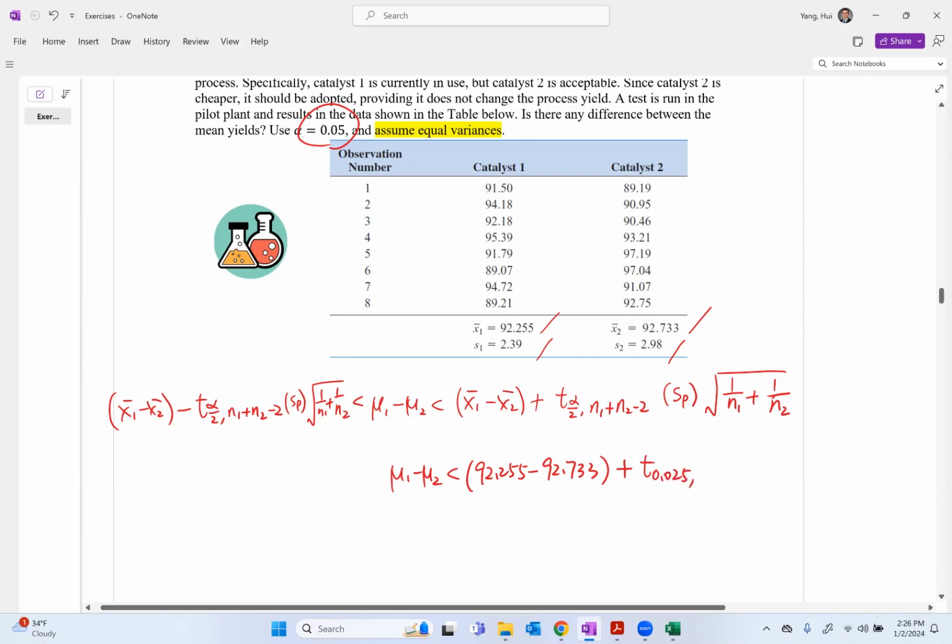The degrees of freedom: n1 is 8, n2 is 8, so 16 minus 2, this will be 14. And Sp, we need to compute Sp. We also know this will be 1 over 8 plus 1 over 8.